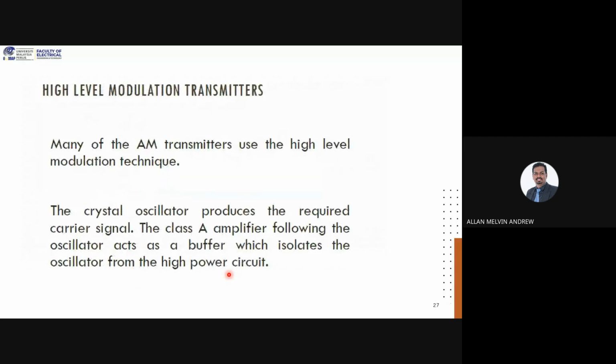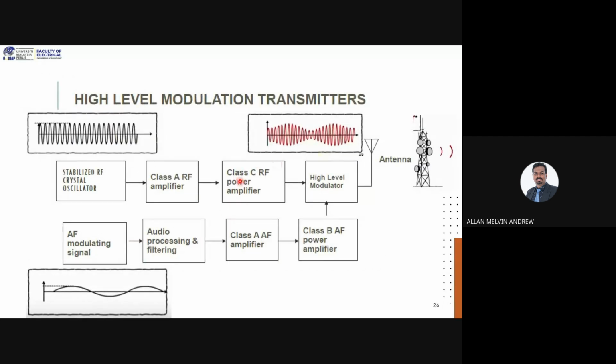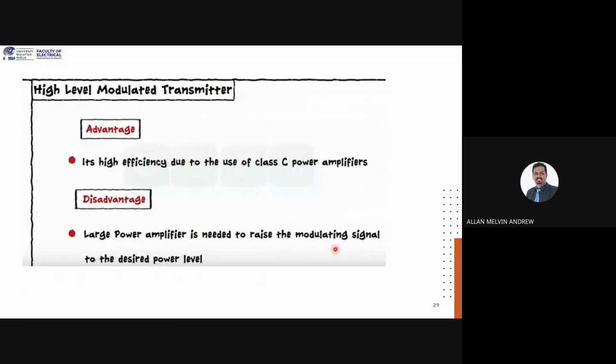Because earlier, if we see, we only use the class C type of power amplifier for the carrier signal, but for our message signal, the modulating signal, we only use up to class B. So due to that, you need to use maybe another class B or class C amplifier after that to raise the level, similar to the class C type of power amplifier.